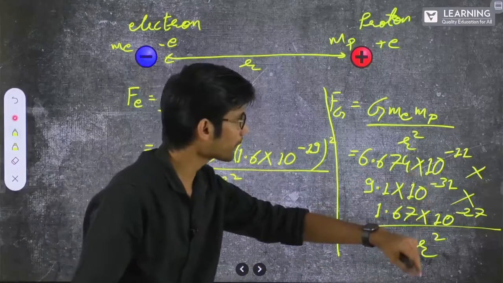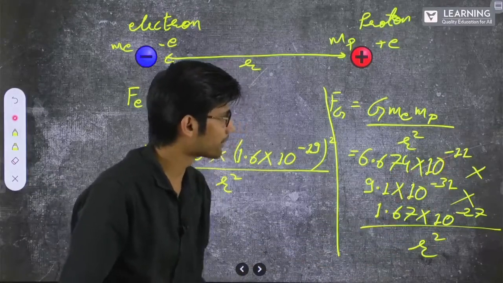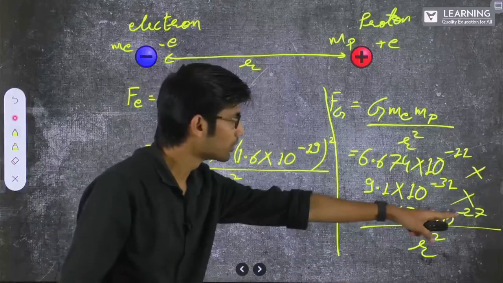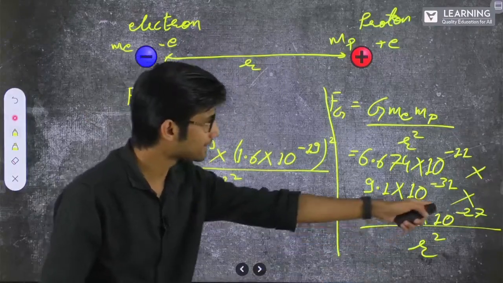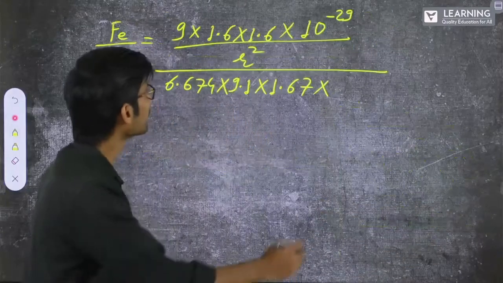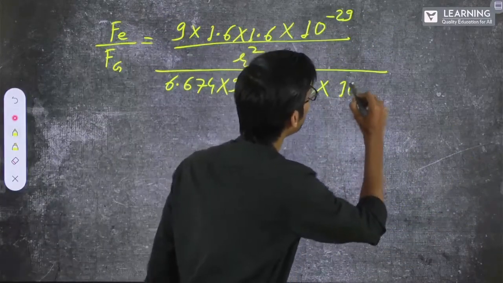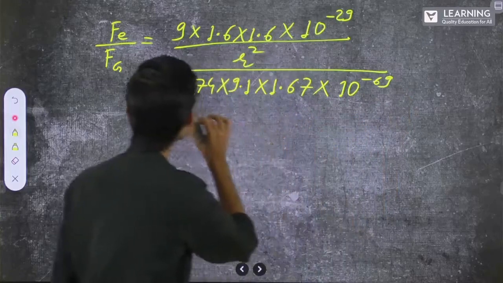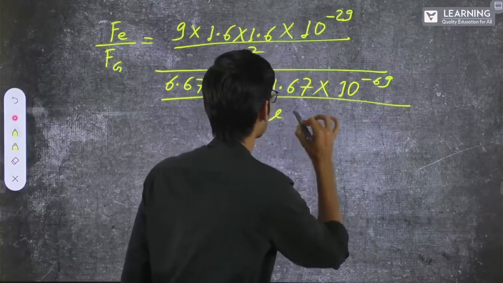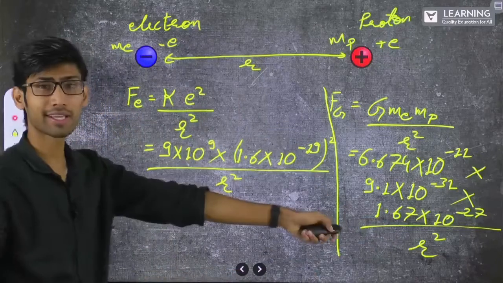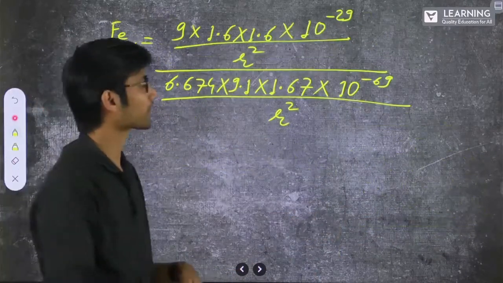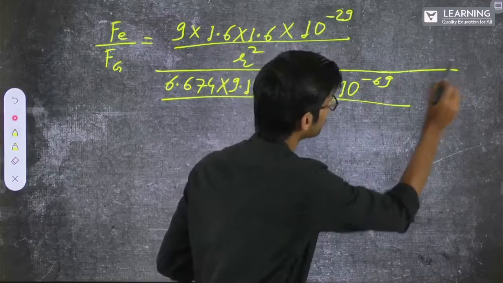So this will be 31 plus 11, 42, plus 27, 69, correct? So this will be into 10 power minus 69 divided by r square, right? I hope we are correct calculation wise. Just do your calculation also.